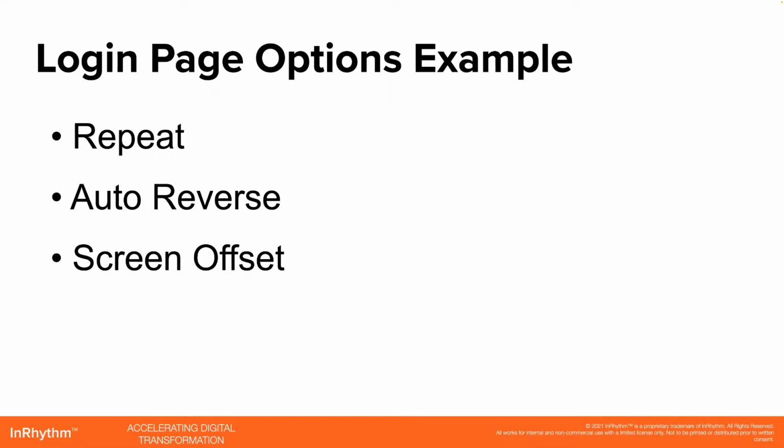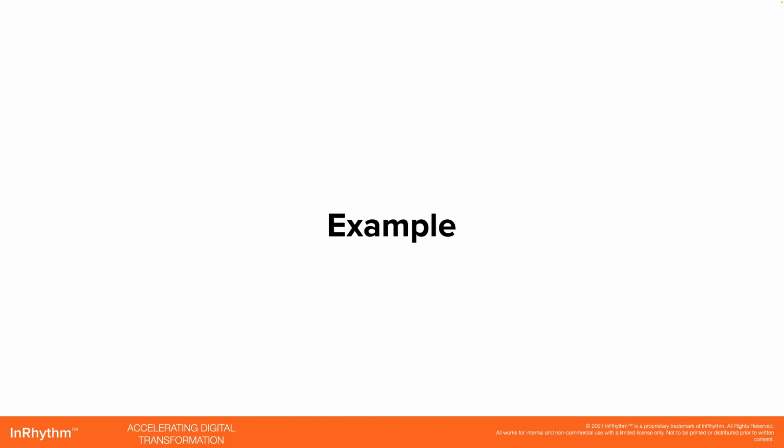If you really want to get your users' attention and say, hey, you know what, we're just a little bit better than the other folks, you can add some animation to your login screen and really take things to the next level. So in this example, I'm going to show you the repeat option that you have on your animation, how auto reverse works, an example of when you would and wouldn't want to do it, as well as utilizing screen offset to control when things are coming on and off the screen.